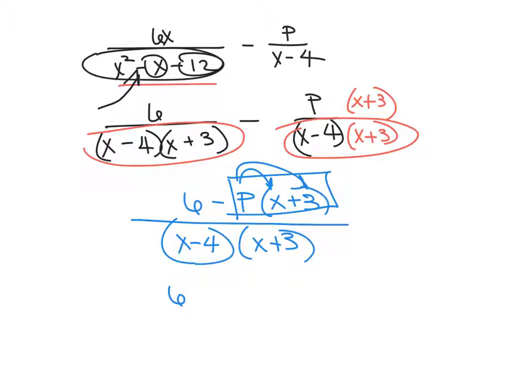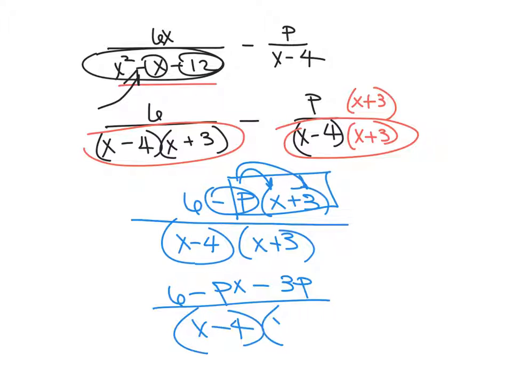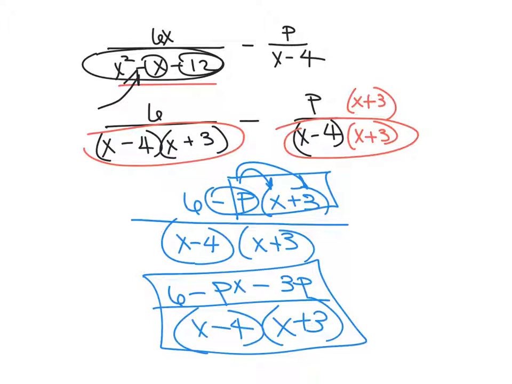So I actually have 6 minus px minus 3p, because minus p times 3 is negative 3p, over x minus 4 times x plus 3. And that is not necessarily an answer because I didn't find out what x equals or anything. But it's just simplified. It's added together.